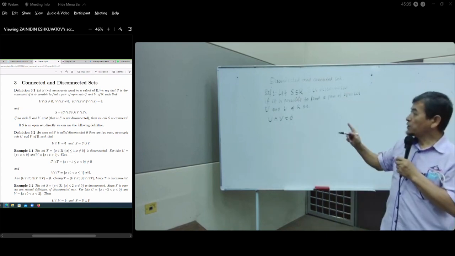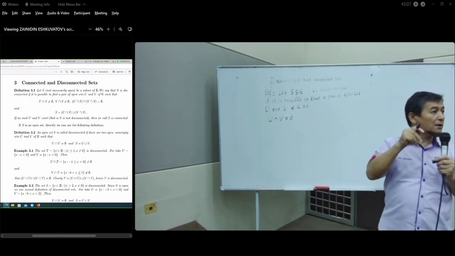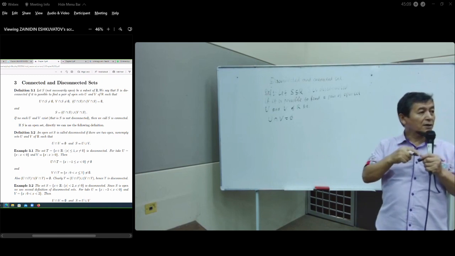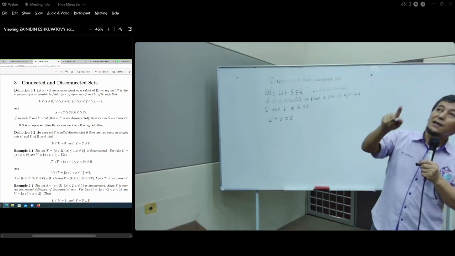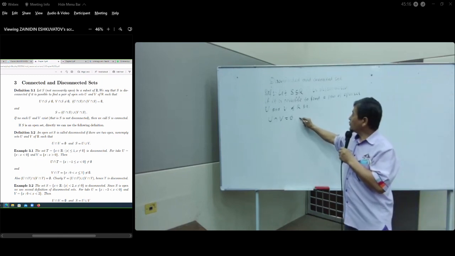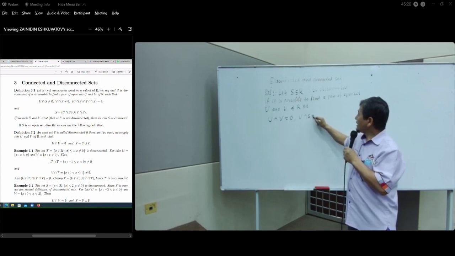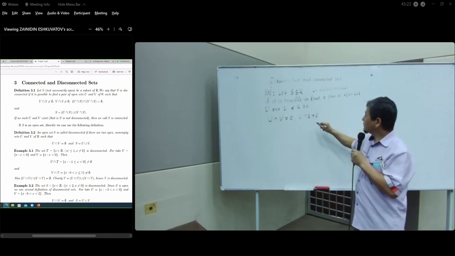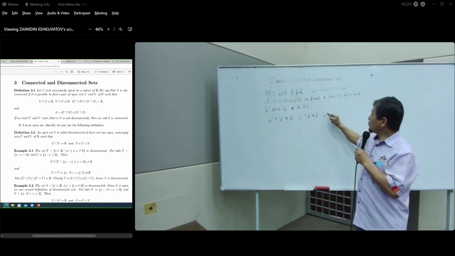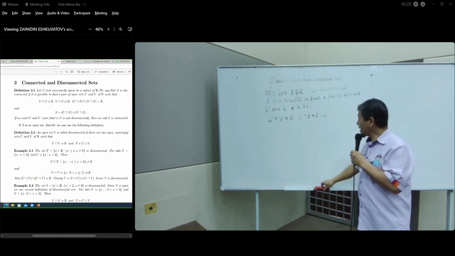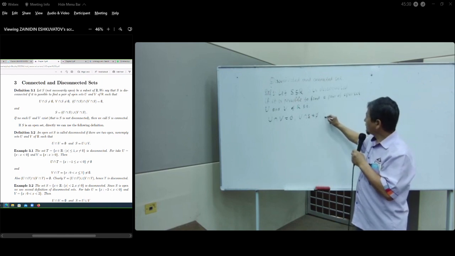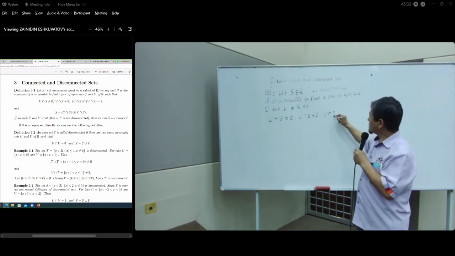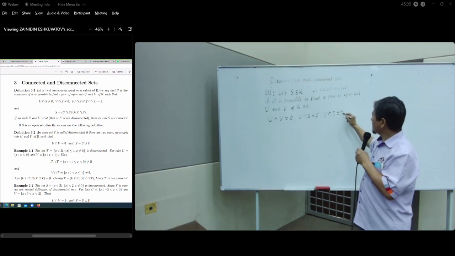First of all, the intersection should be the empty set, and U with S is a non-empty set, V with S is also a non-empty set.